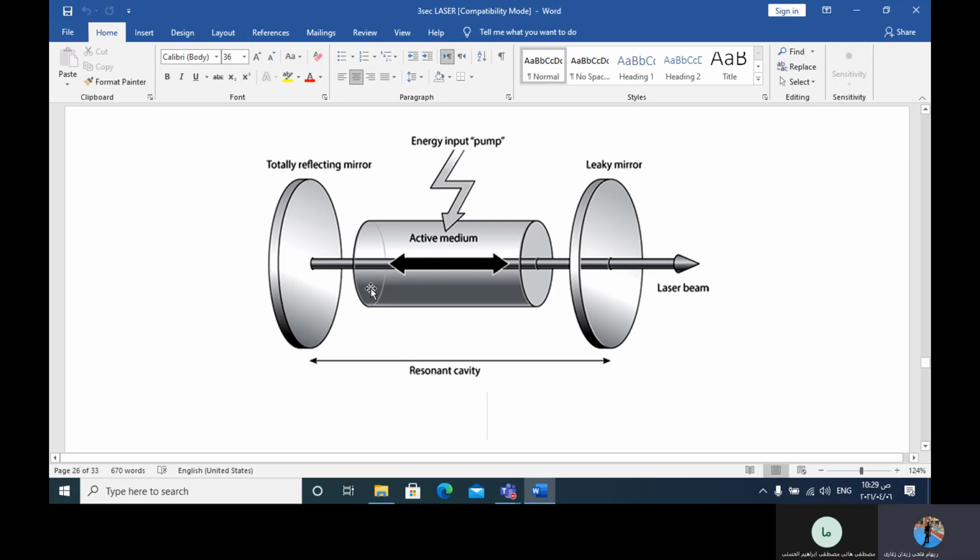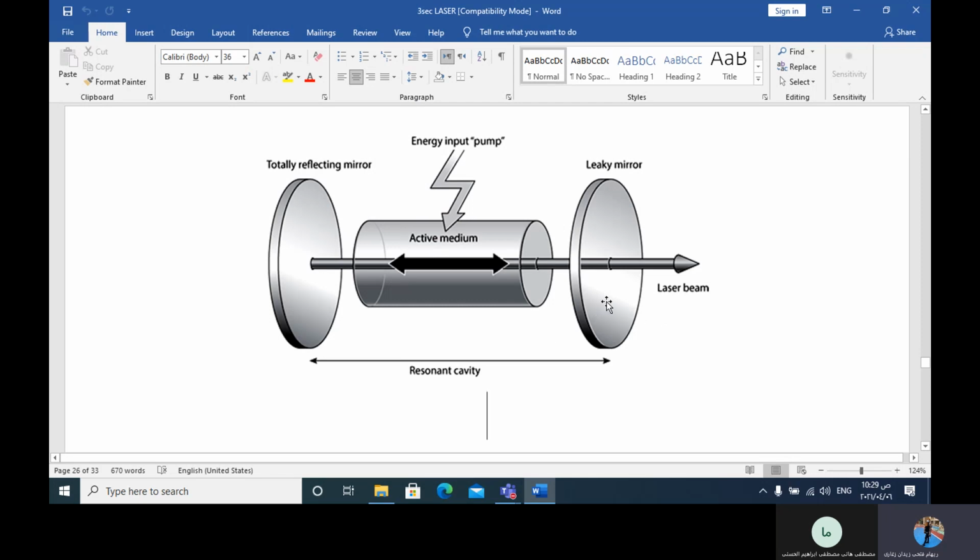On the right and left, we have reflecting mirrors. This one is a totally reflecting mirror, which means no photons can leak out from it. And here you have a leaky mirror, which allows some of the photons to come out, and when they come out, they form what we call the laser beam.